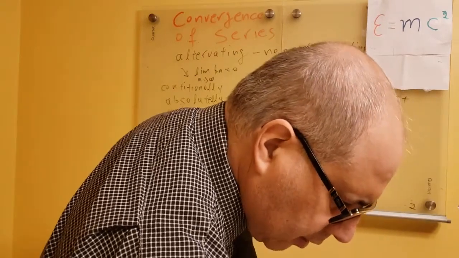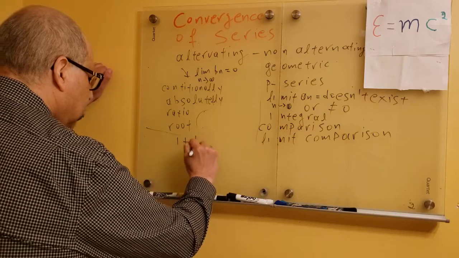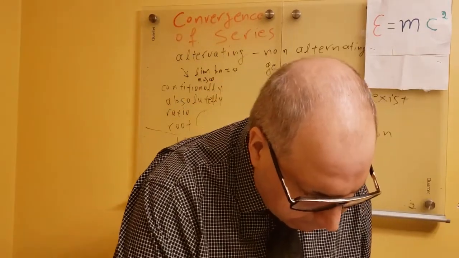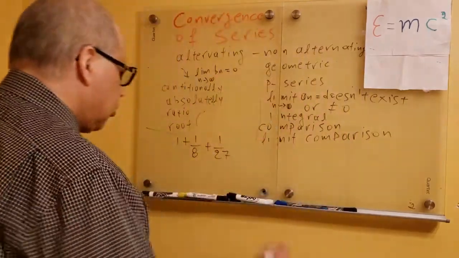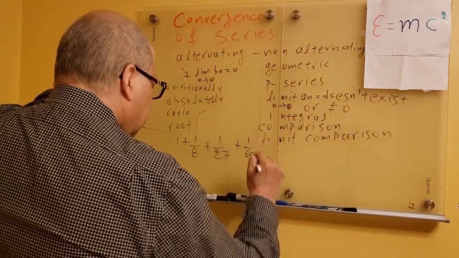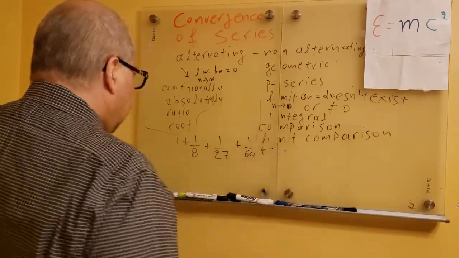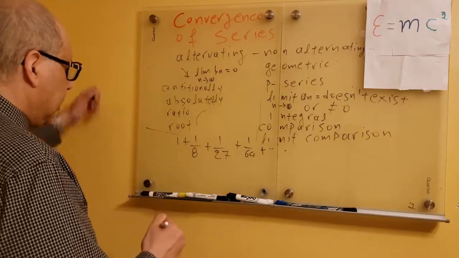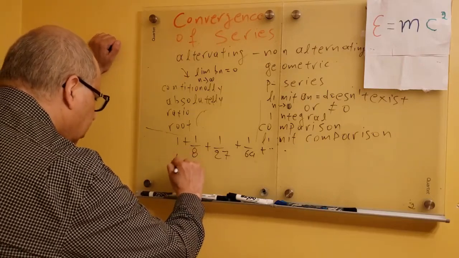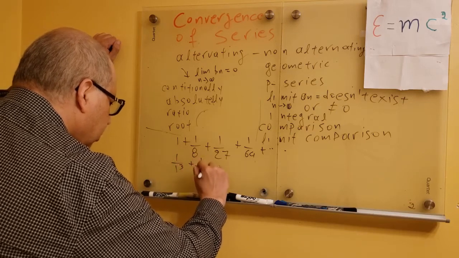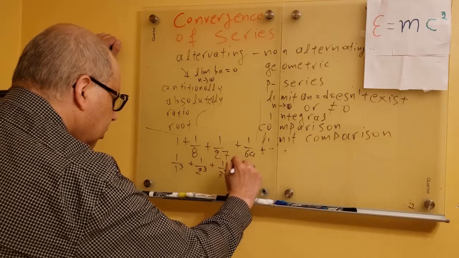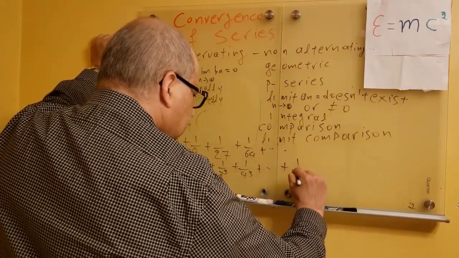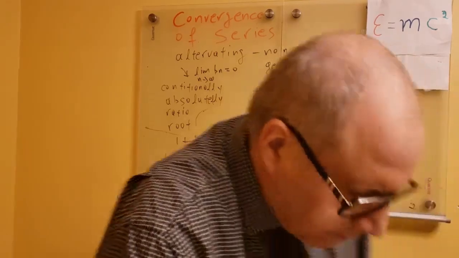So we have the series 1 plus 1/8 plus 1 over 27 plus 1 over 64, etc. If somebody looks carefully at this, you see this is nothing else but a P series, because you can rewrite all of this as 1 over 1 to the third plus 1 over 2 to the third plus 1 over 3 to the third plus 1 over 4 to the third, plus the general term, 1 over n to the third.